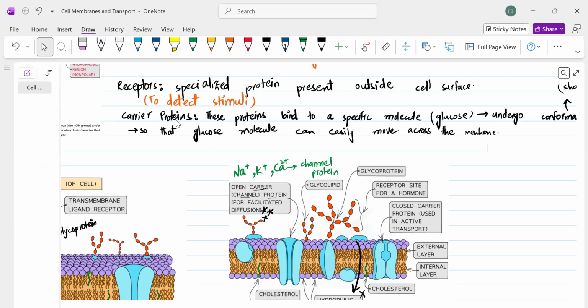When we talk about calcium, potassium, or sodium, they are small ions, right? So you can have these in more concentration. When they move from an area of higher concentration to an area of lower concentration with the help of the channel protein, that will be known as facilitated diffusion.